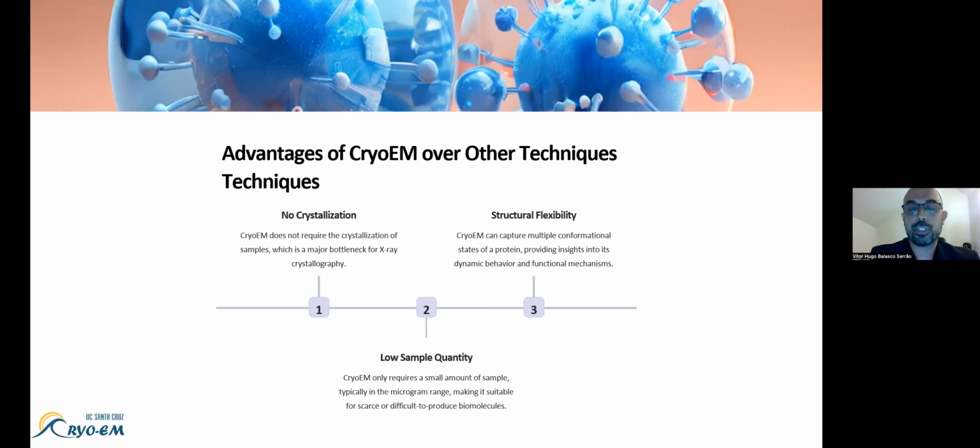All of these three major topics are part of the story once I start talking about the selenocysteine synthase: you don't require crystallization, or sometimes you have a crystal that never diffracts, you can understand different conformations and sample flexibility, and you can use a very low amount of sample.